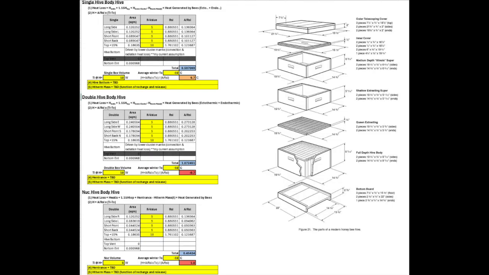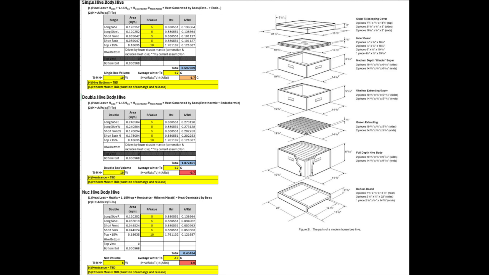So I'll just show you a quick spreadsheet I made. I've had this for a while, but I'll post it on the video. You can see there's a single, a double, and a nuc in there. What I've done is use the heat loss calculation for conduction.